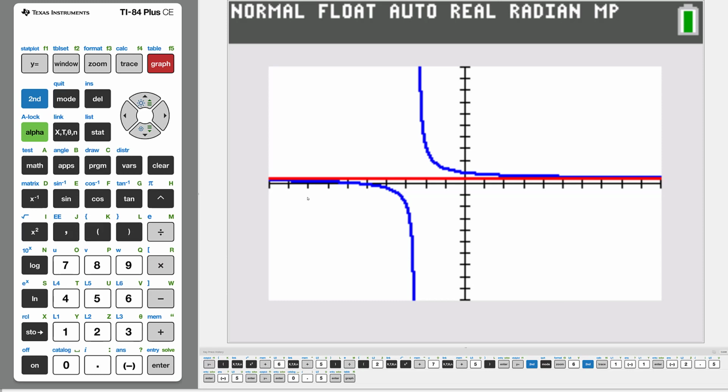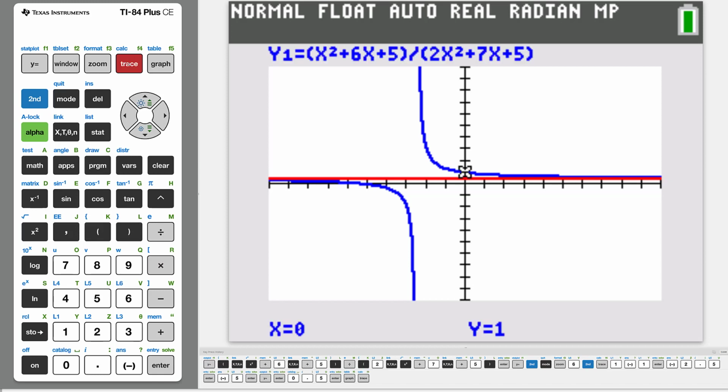If you don't believe me, you can zoom in on this and see how the function behaves as you go out to large values of x on the negative side or the positive side. You kind of have to open up the window a little bit to see that, but you can use the trace function here like this. Watch the y values. You can see that we're right there at the intercept, and so it's spitting out 0, 1 like we said it would.